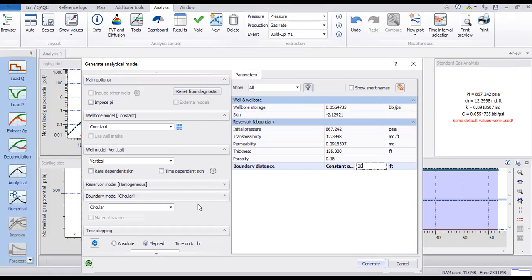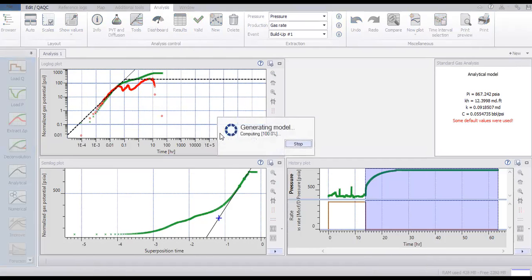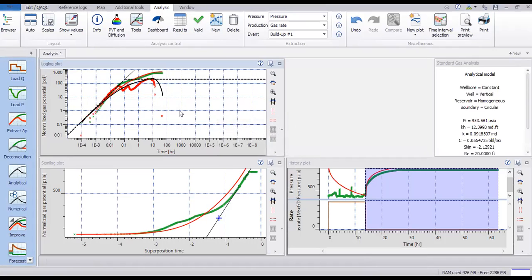All right, so let's generate. Okay, so almost we can just improve.